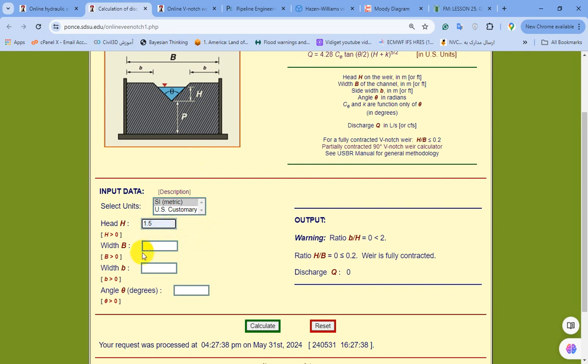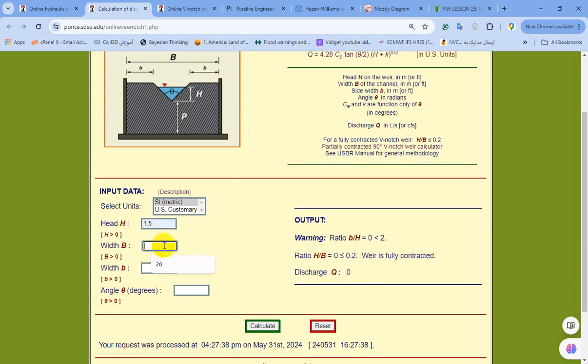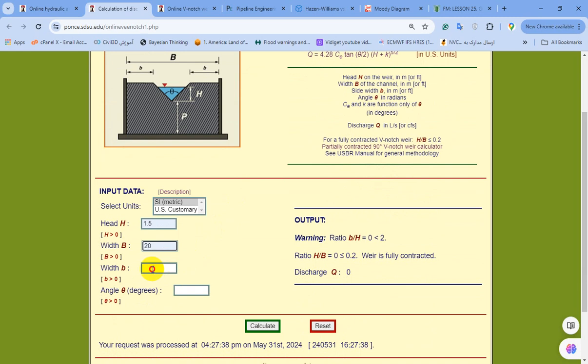Let's select the unit and enter the head value, for example 1.5 meter, and the width parameter. In this figure you can find out that this value equals the channel width, especially for rectangle type, and also width B for both contraction sides.